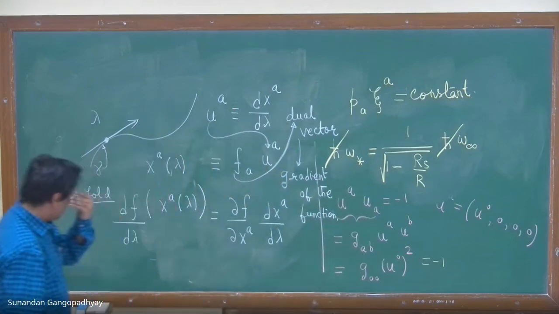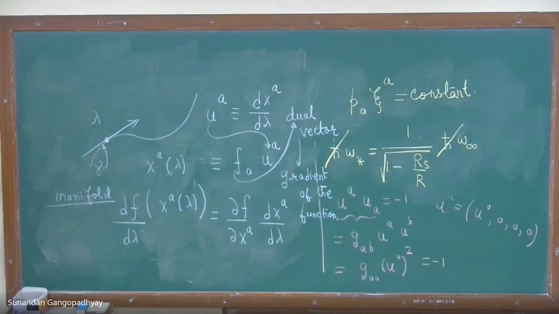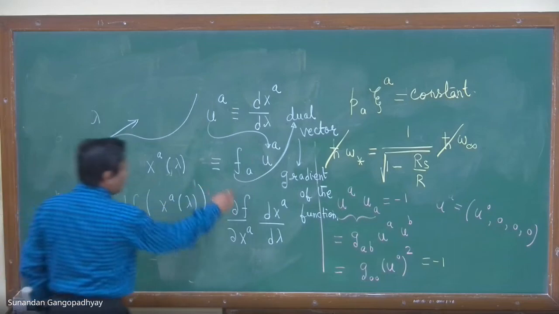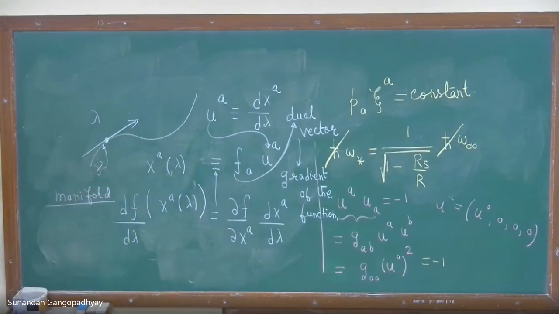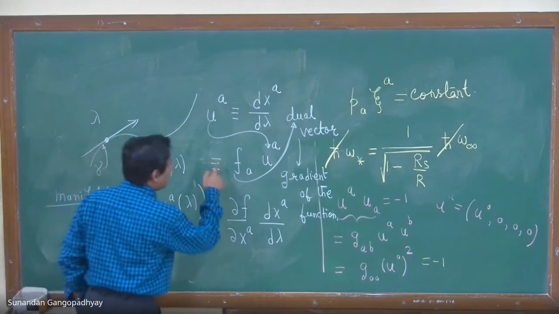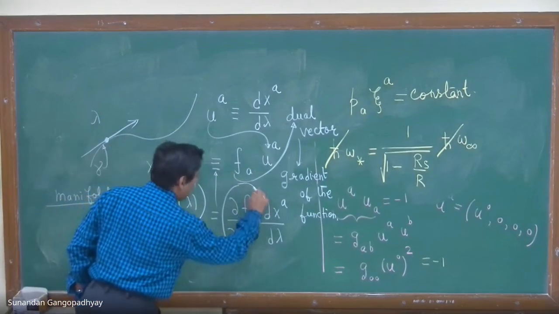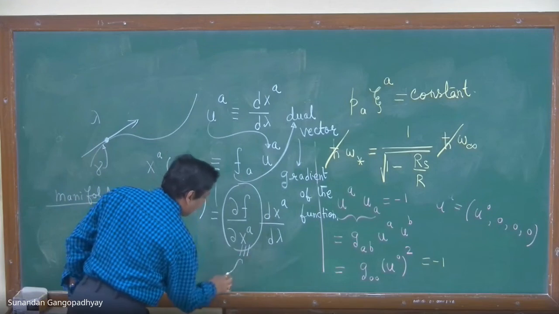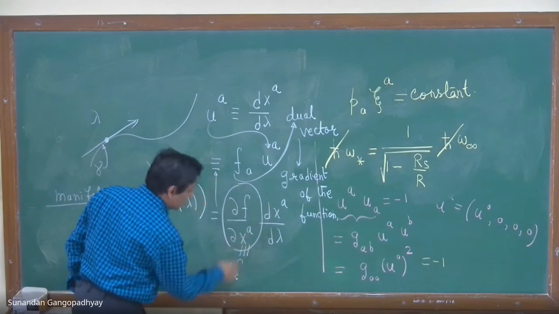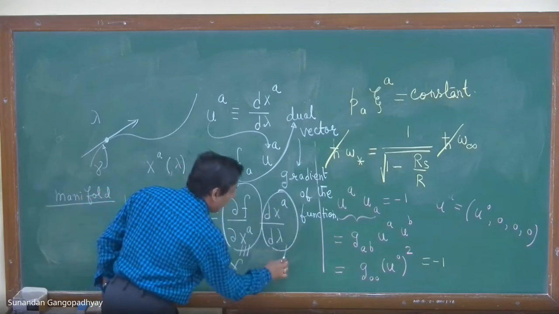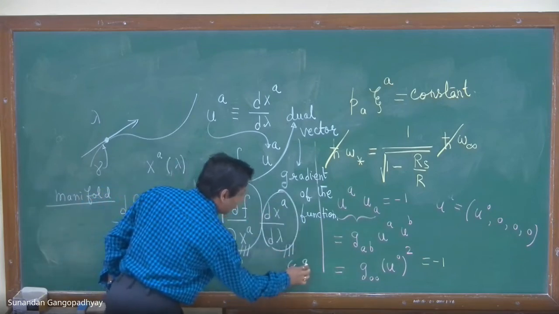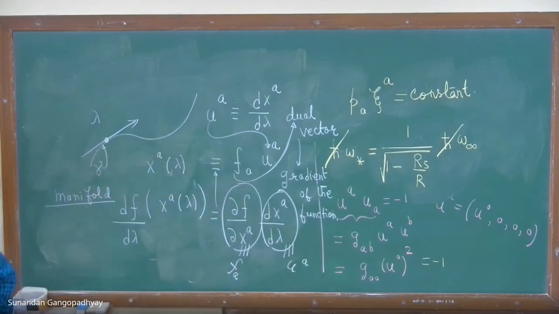I'm not writing x lambda is equal to f; I'm writing it here. Since the index is down here, I'm calling this f a. This is a dual vector.